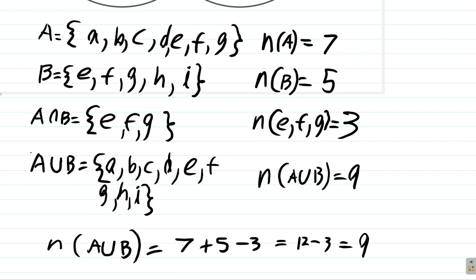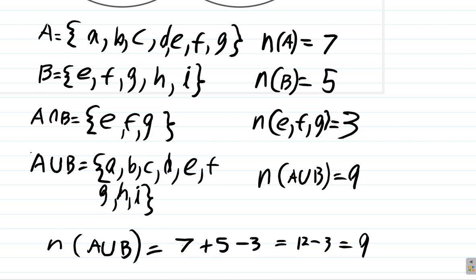So if we were listing them, we would list E 2 times, F 2 times, G 2 times. So when we're counting them, we counted E 2 times, F 2 times, G 2 times. So we have to remove them once.